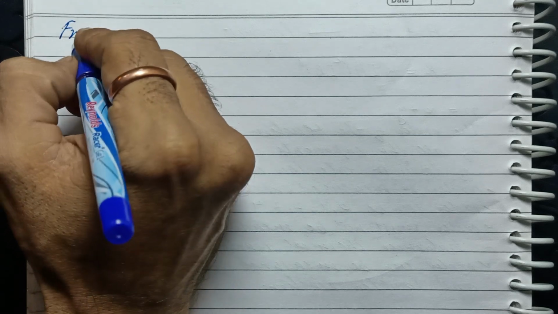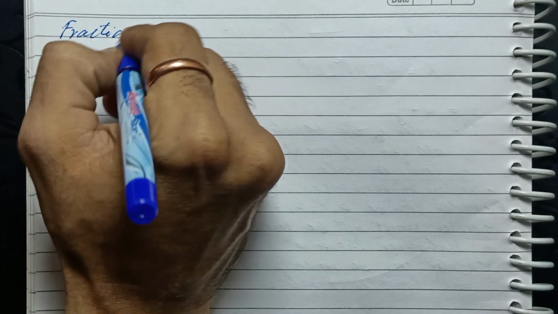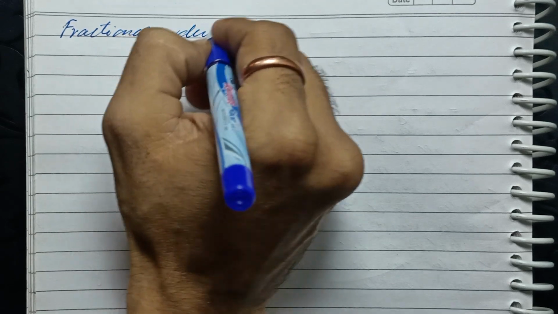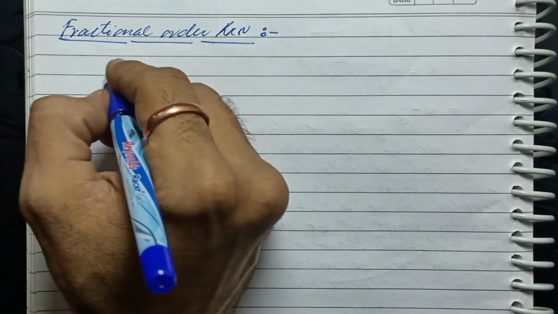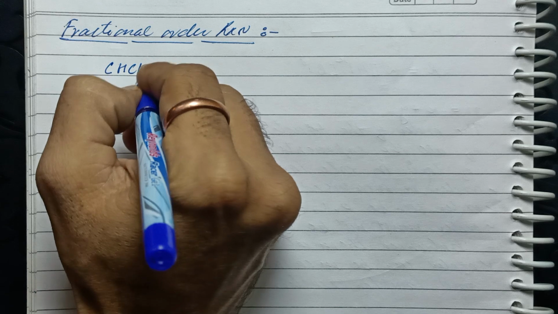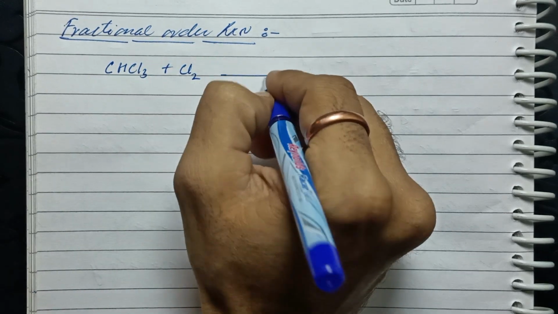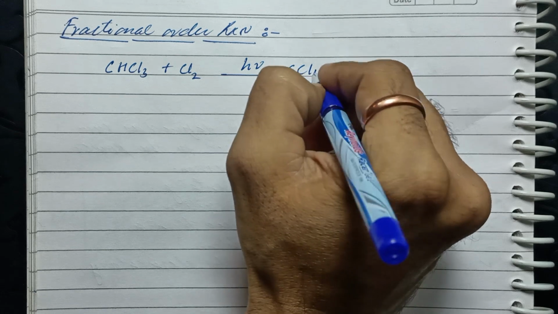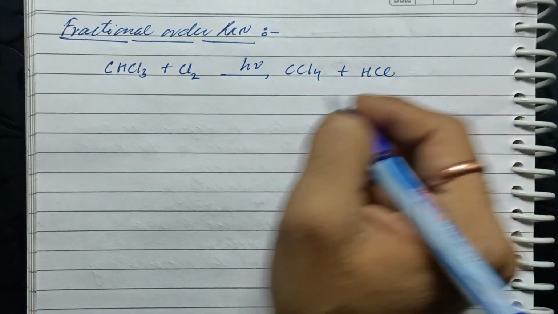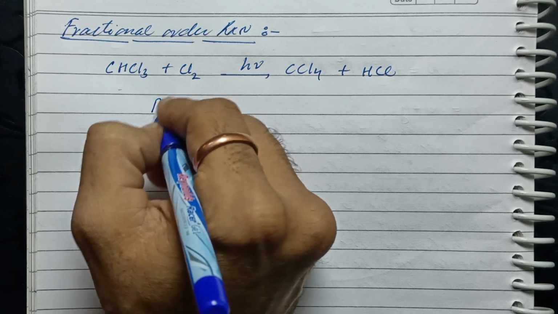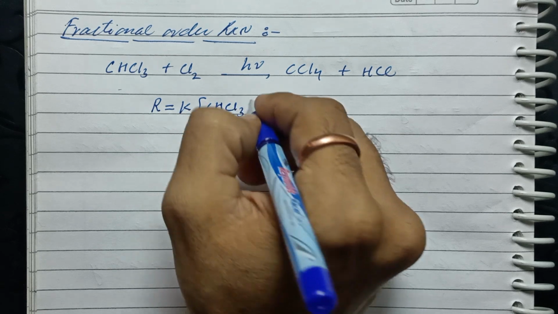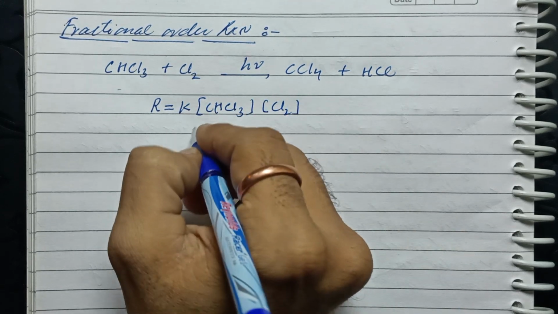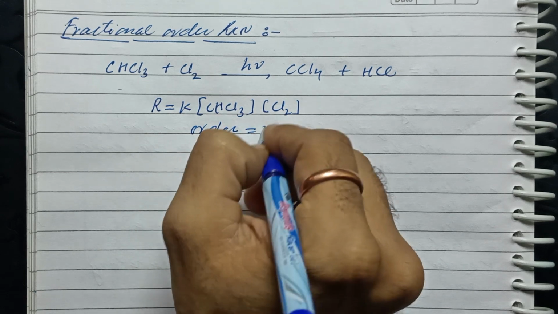Now let us consider the example of a fractional order reaction. Reaction of chloroform with Cl2 in the presence of sunlight forms CCl4 plus HCl. Now if we write the rate law from the balanced chemical equation, it must be CHCl3 and Cl2, order must be 2.